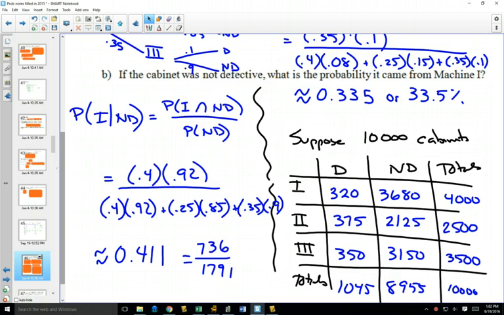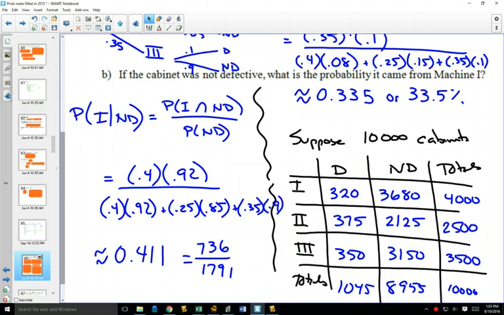And I'm trying to choose a number big enough so that when I do all my percentages, because machine 1 does 40%, machine 2 does 25%, machine 3 did 35%, I could do these totals of 4,000, 2,500, and 3,500. And when I did 8% and 92%, 15% and 85%, 10% and 90%, I wanted to get ones that are all whole numbers. It wouldn't be wrong if you had decimals, but it's hard to think about 0.3 of a cabinet or something like that. So now I have all whole numbers.